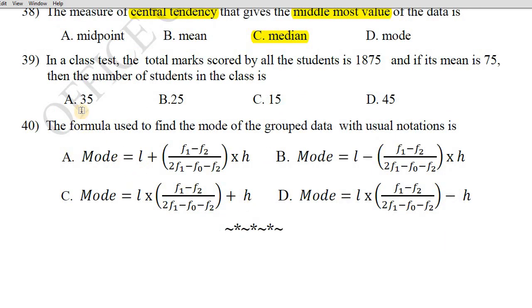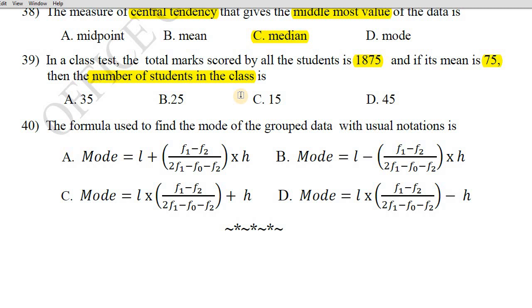Question number 39: in a class test the total marks scored by all the students is 1875, and if its mean is 75, then the number of students in the class is. This problem we want to solve using the mean formula for ungrouped data. The mean formula is x bar equals sigma x divided by n.